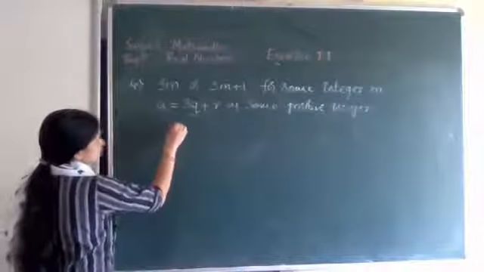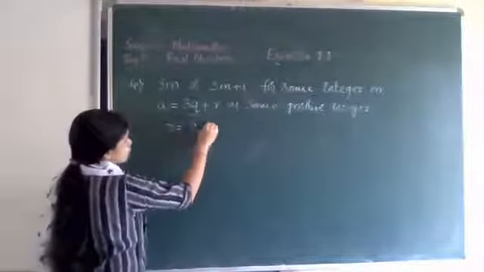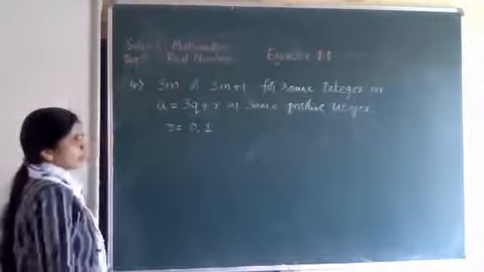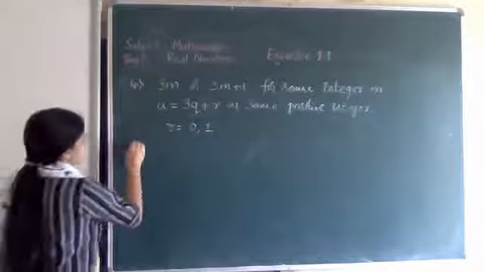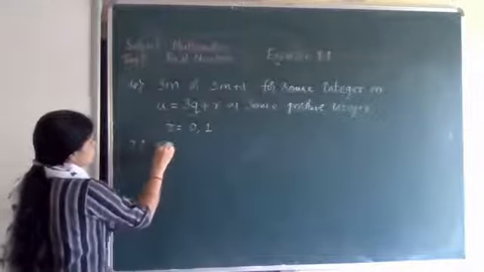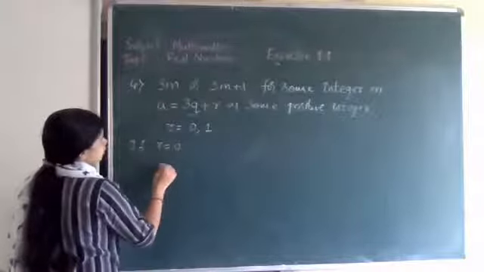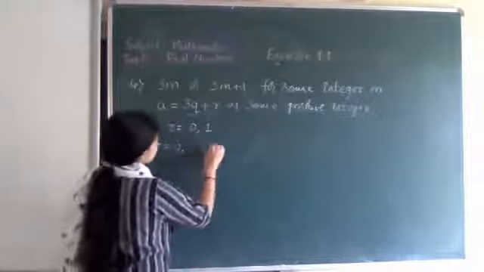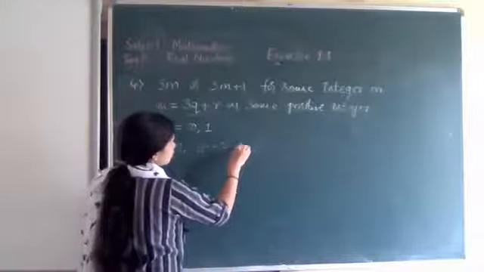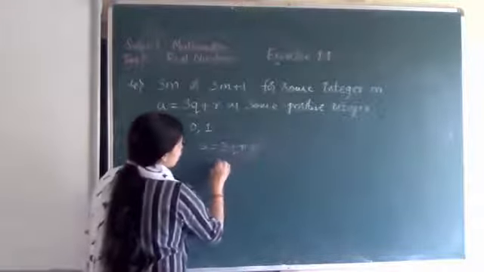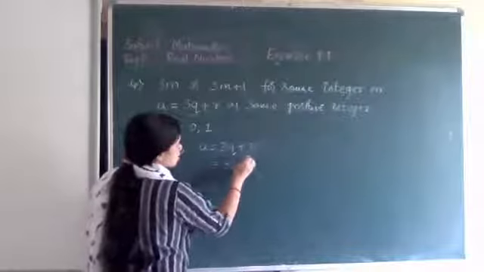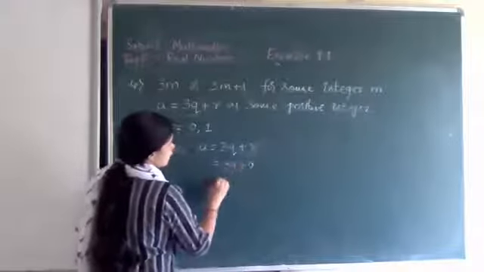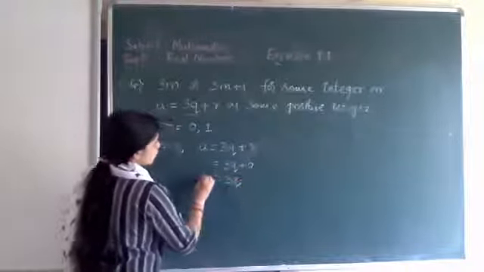For this, we have r as 0 and r as 1. If r is equal to 0, then a is equal to 3q plus r, where r is equal to 0. 3q plus 0 gives you 3q.